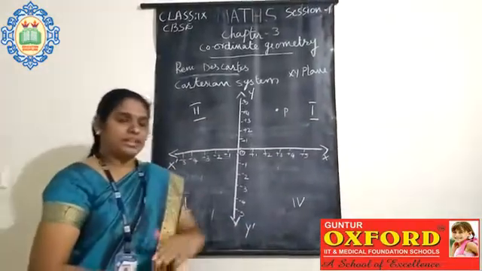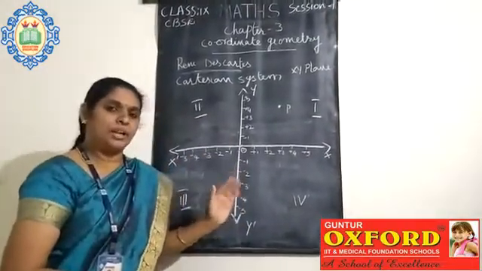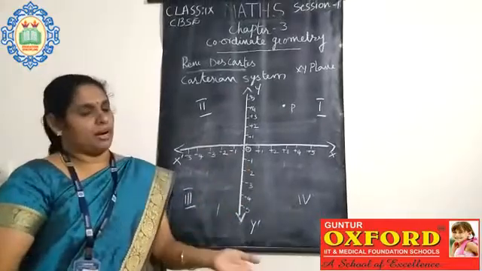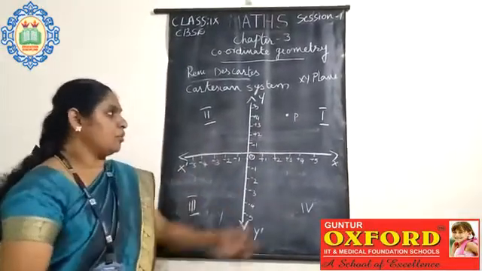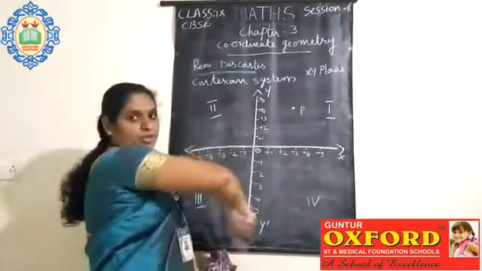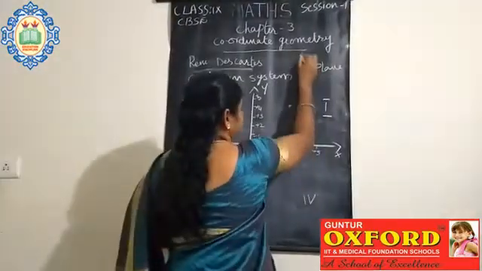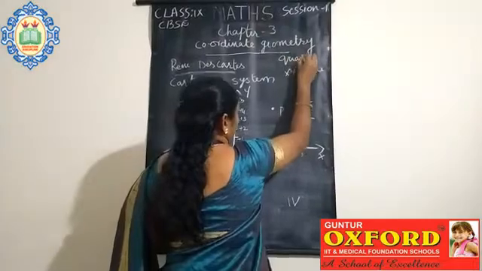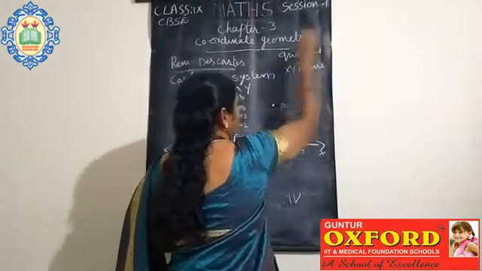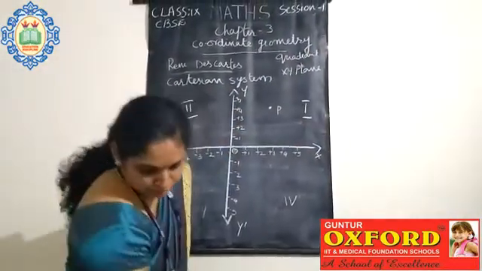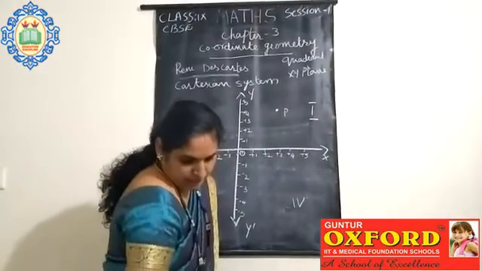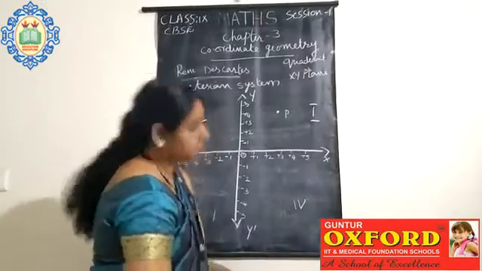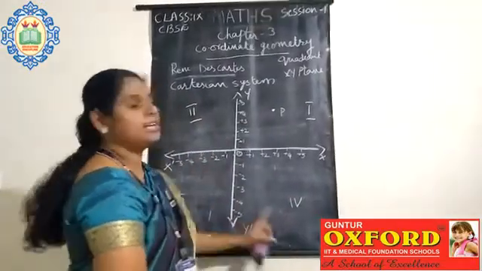One xy plane is divided into how many parts? Divided into 4 parts: first quadrant, second quadrant, third quadrant, fourth quadrant. We are taking anti-clockwise.